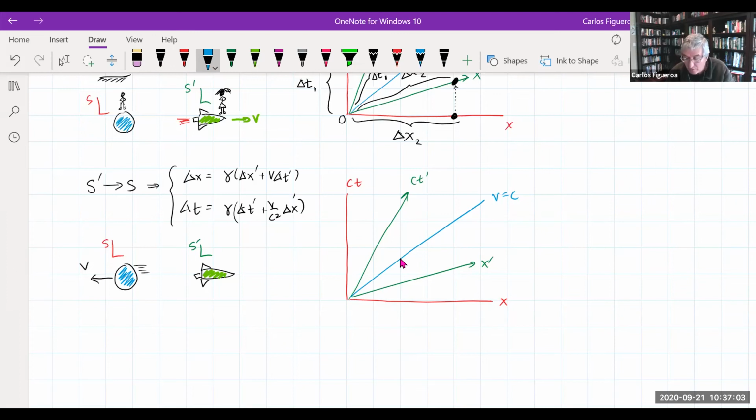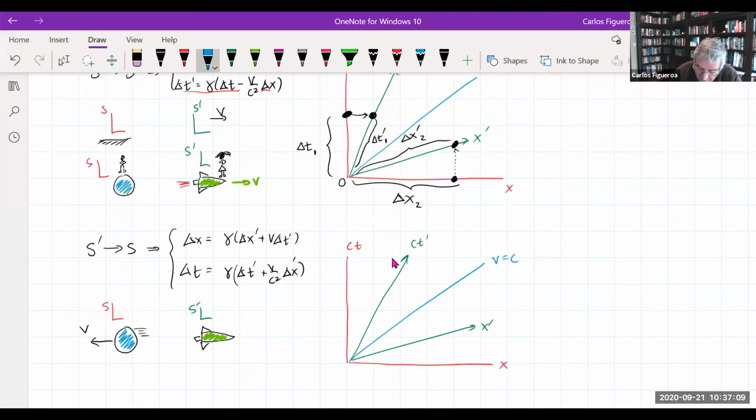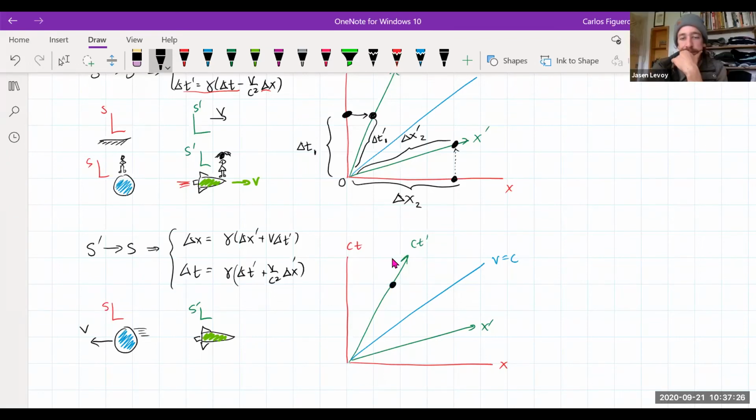So now what I want to do here is that they're now skewed. So if you look up here, the way I got time here is that I moved parallel to the X axis. So now if I want to do a Lorentz transformation, what I'm doing here is that I have to move parallel to the X prime axis here. So that means then I got to move at an angle.